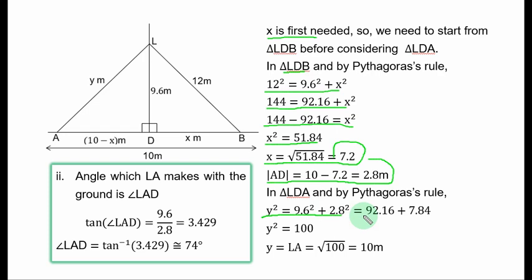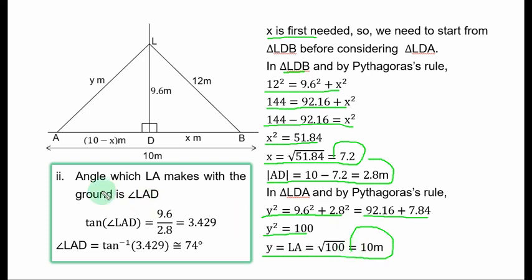You have 92.16 plus 7.84. If you add, y squared is equal to 100. To get y that is equal to LA, you need to take the square root of both sides. So y that is equal to LA is equal to the square root of 100, and that is 10 meters.